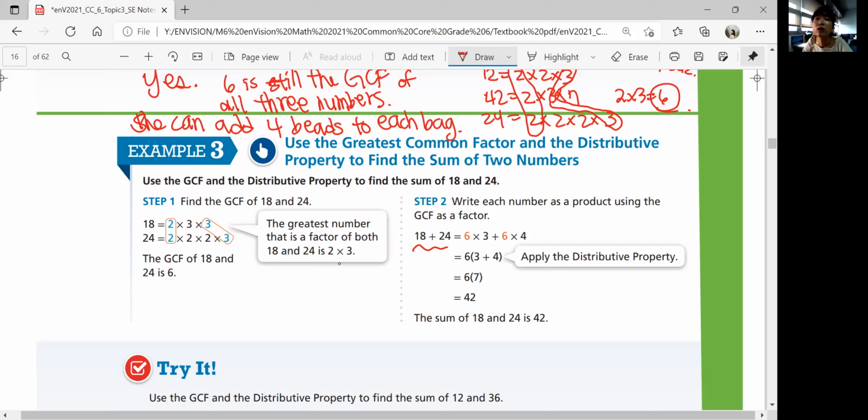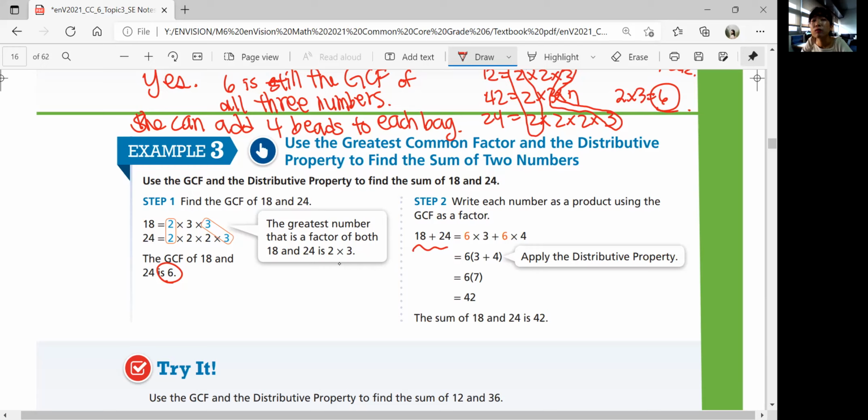Okay? So figure out the GCF. GCF for 18 and 24 is 6 again. And 18 plus 24 could be written as 6 times 3 is 18 plus 6 times 4 is 24.